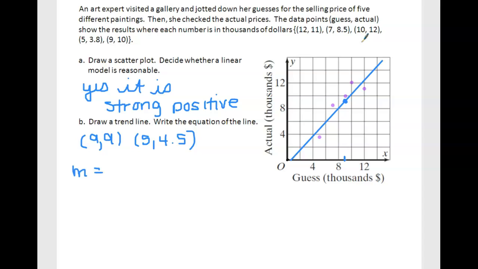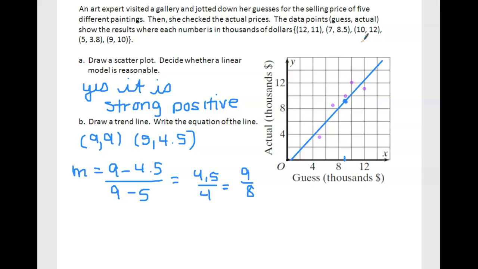So my slope would be 9 minus 4.5 over 9 minus 5. So I get 4.5 over 4, and 4.5 over 4 is kind of like 9 over 8. So what that means is that the actual was a little bit more than my guess most of the time.